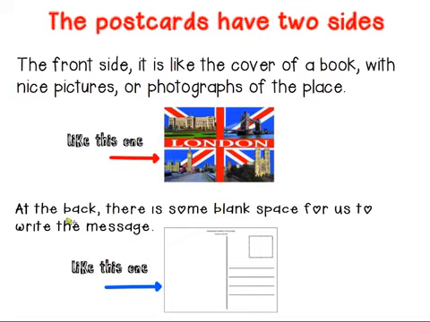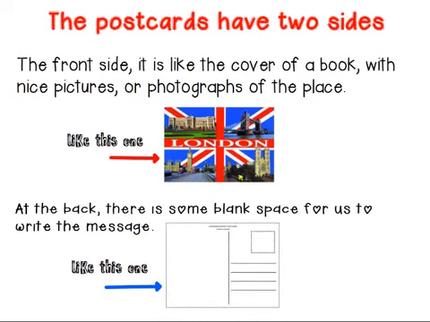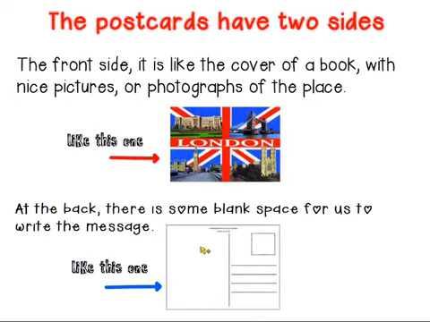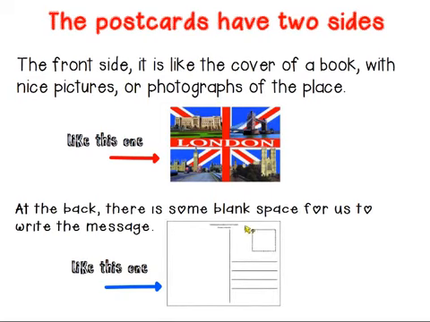Yes. At the back of the postcard, there is some blank space for us to write a message. Space for the stamp and space for the address. Okay. So this is the back of the postcard, and this is the front of the postcard. You are gonna write on the back of the postcard.